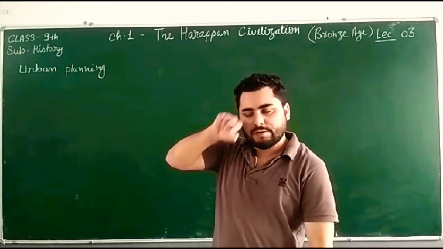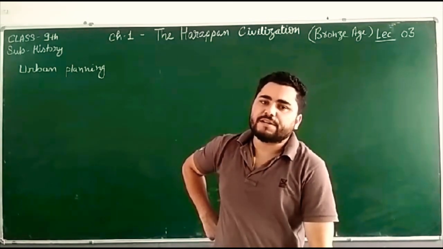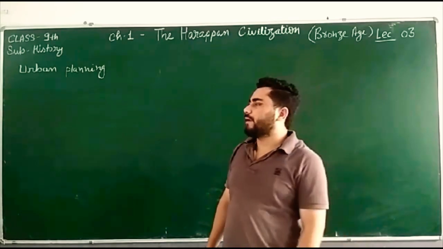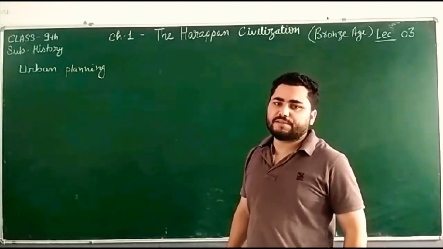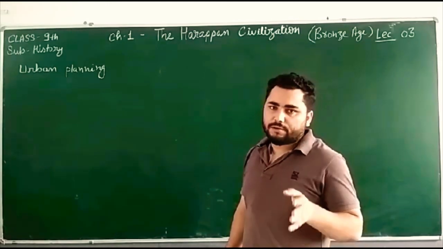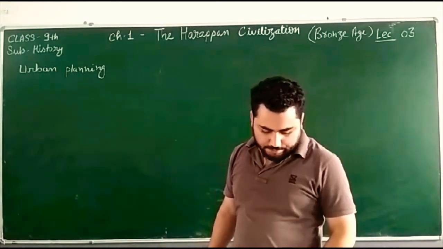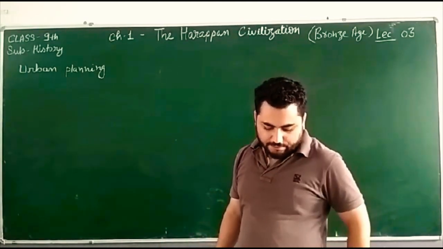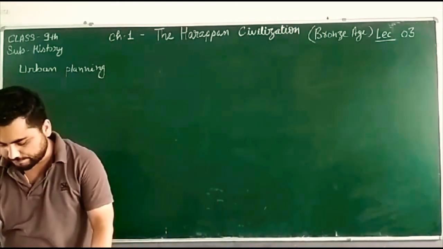The temple was the center point of all the cities. All cities were located near the temples. But here in Harappan civilization or Indus Valley civilization, cities followed a grid system, right? What were the features? Each city was divided into two parts.